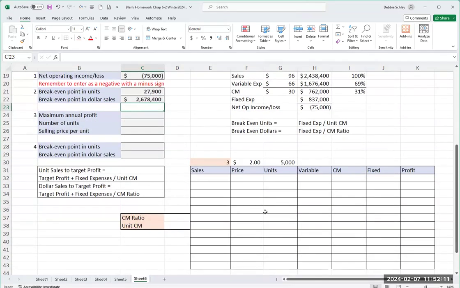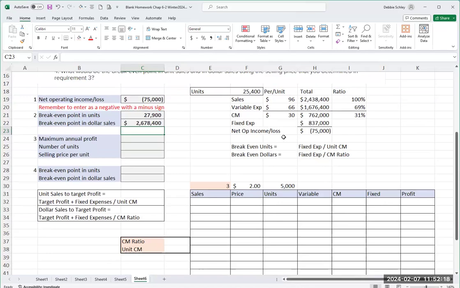Okay, so our starting point is going to be where we start here. So my total sales is right there because I figured that out, right? By doing the sales price times the units. And then my starting point price is my selling price per unit.